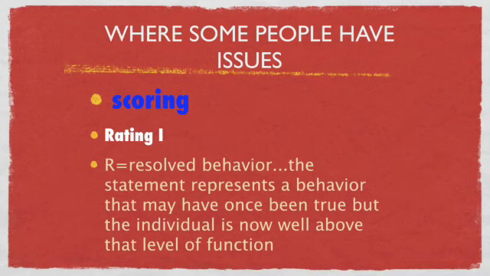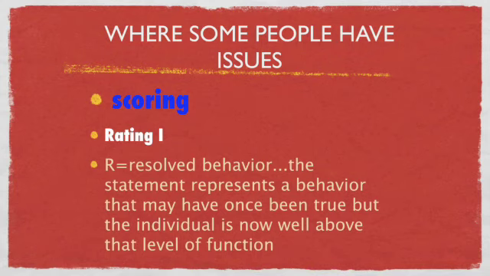But what I think I was going for here is that I wanted to have a way to look at the present and the past and think about the future, all within one testing protocol. So the scoring for rating 1 involves using an R, a plus, a plus minus, and a minus.